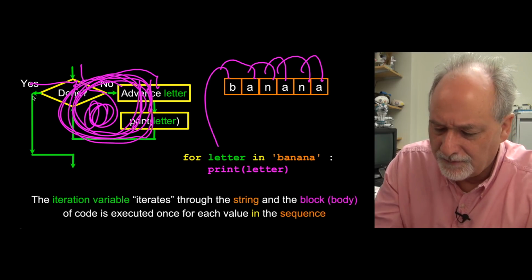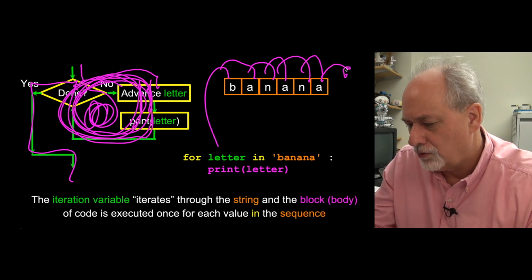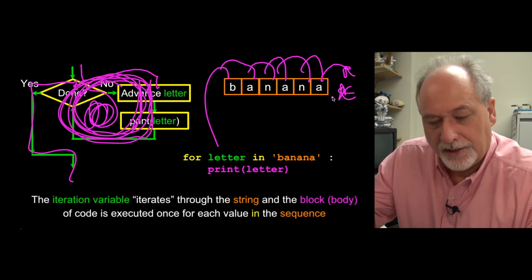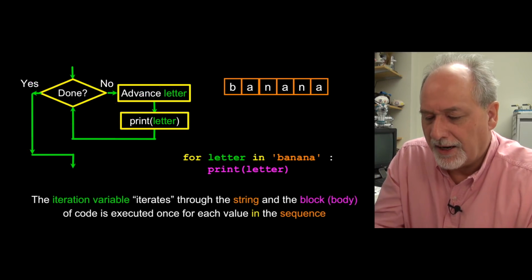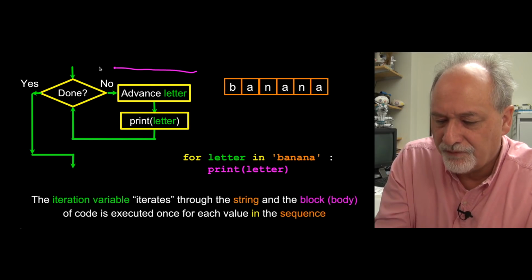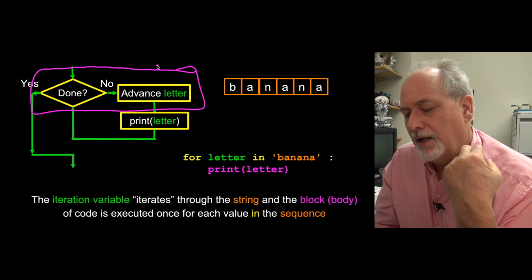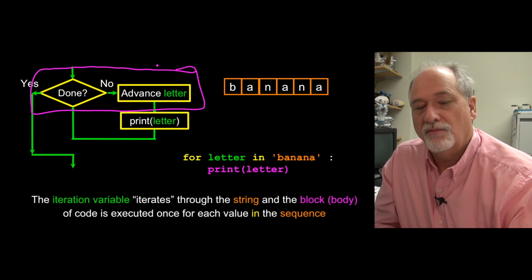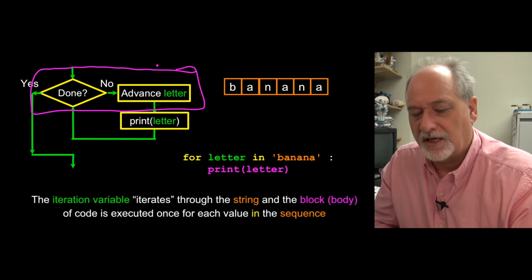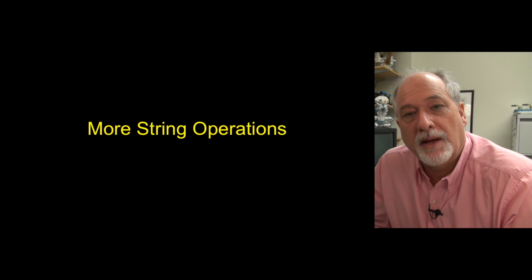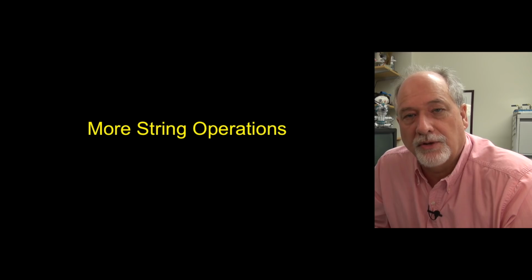I am now done because we're done with that particular string. And so you can think of the for as magically doing all of this for you, of both deciding how long to run the loop, when you're done or not, and moving down through all the successive letters in the loop. So up next we'll talk a little bit about additional things that we can do with strings.